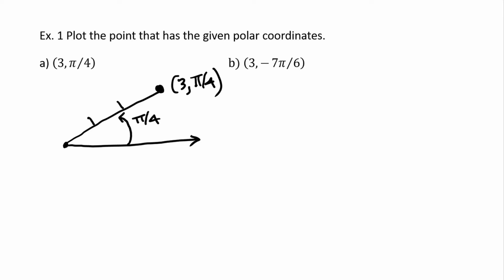Let's do this for part B. (3, negative 7 pi over 6). I will begin by drawing the pole and my polar axis. The negative 7 pi over 6 tells me I go in the clockwise direction, or backwards, negative 7 pi over 6 radians.